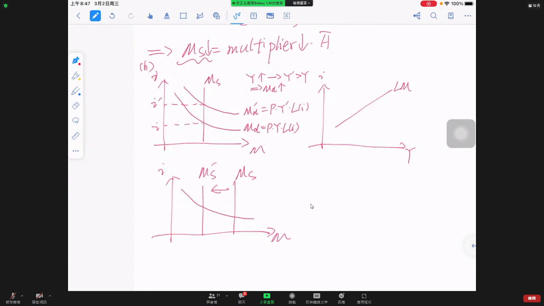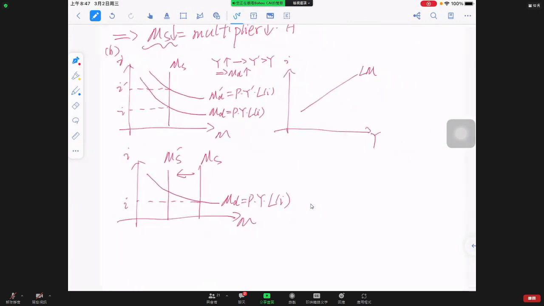And money demand unchanged. So initially, interest rate I is here, right? And now with the decrease in money supply, there's an increase in the equilibrium interest rate, right?